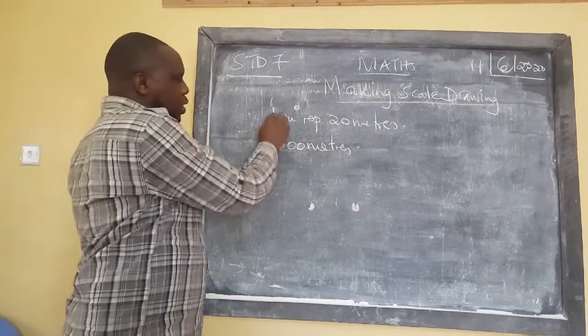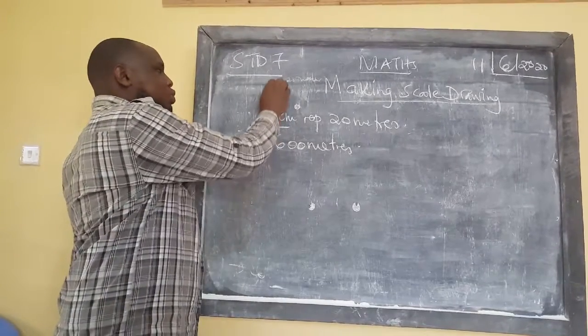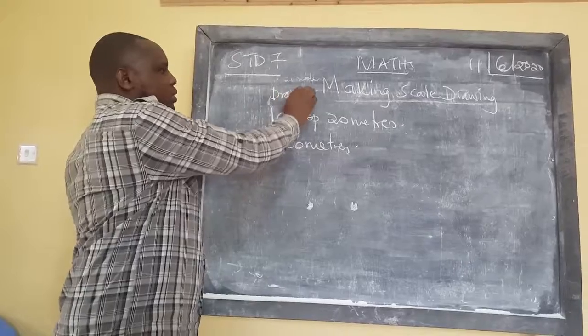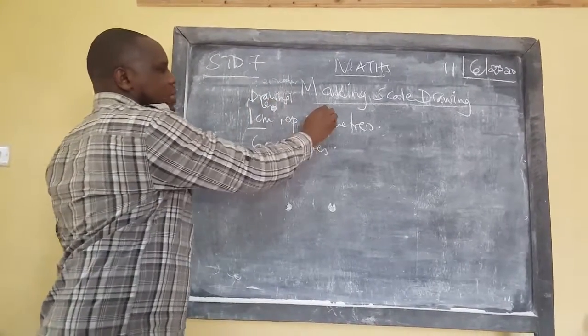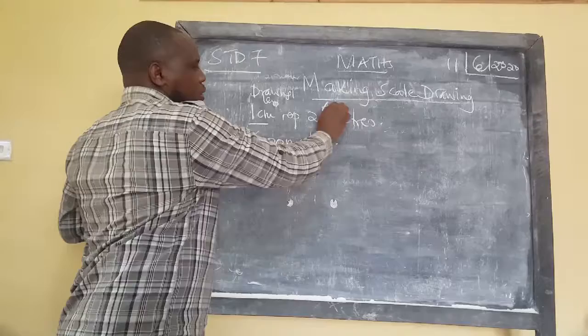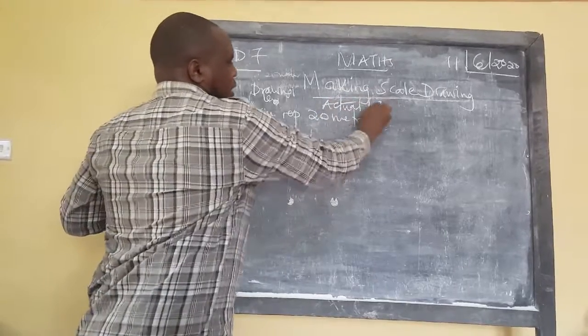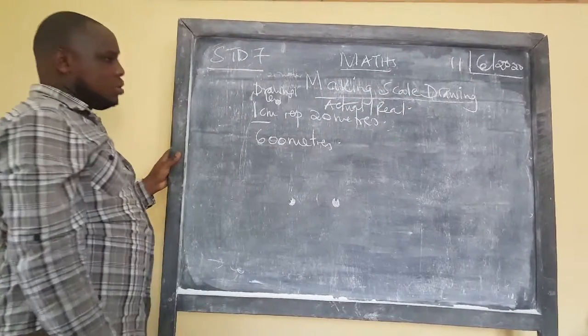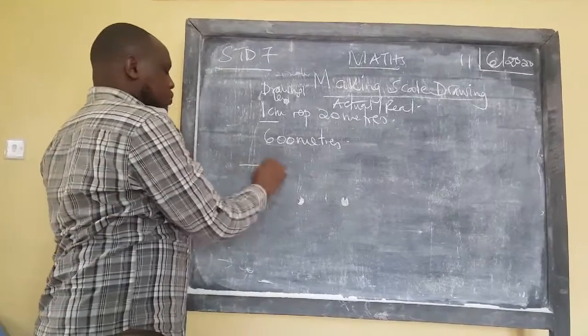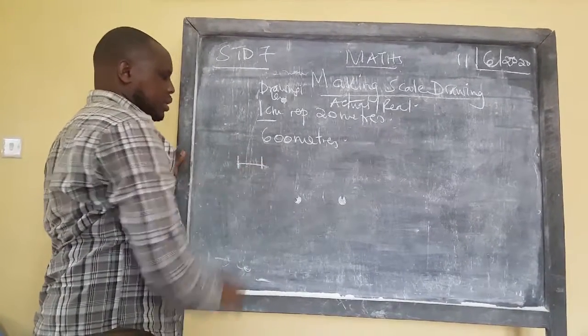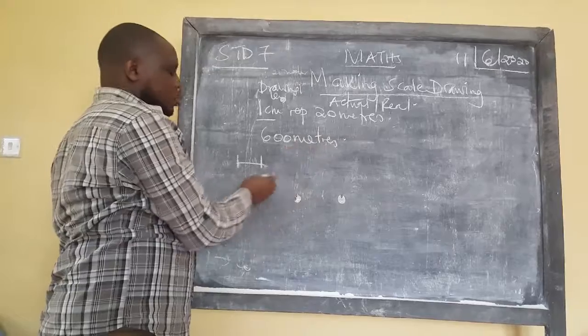So if you say 1 centimeter, remember this is what we call the drawing length, and this is the actual length or real length. In this case, every 1 centimeter you draw will be representing 20 meters.